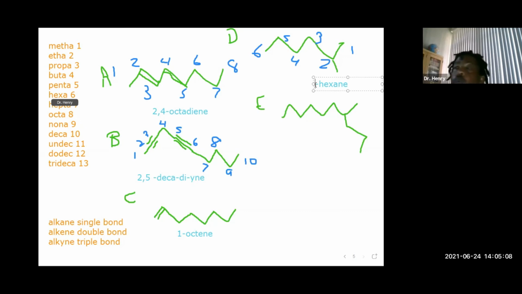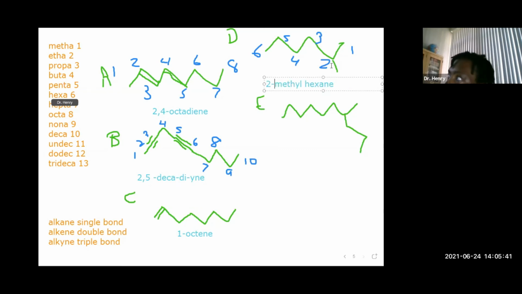So we will say where it's coming off of, which carbon it's coming off of. It's coming off the 2nd carbon. So we're gonna say 2-methylhexane. Sorry, I forgot my dash. It'll be 2-methylhexane.